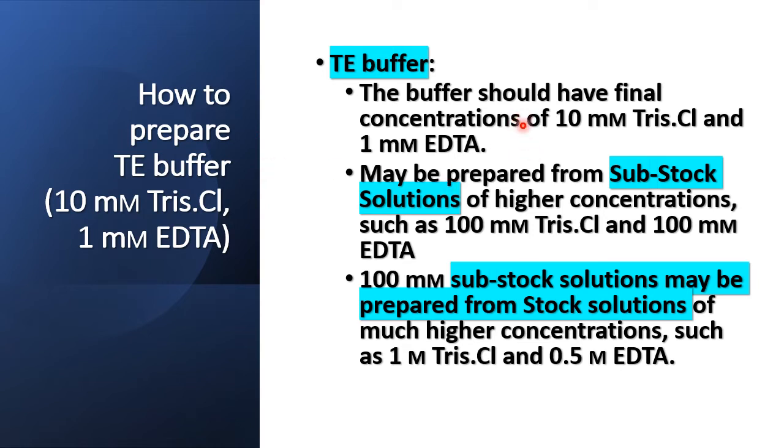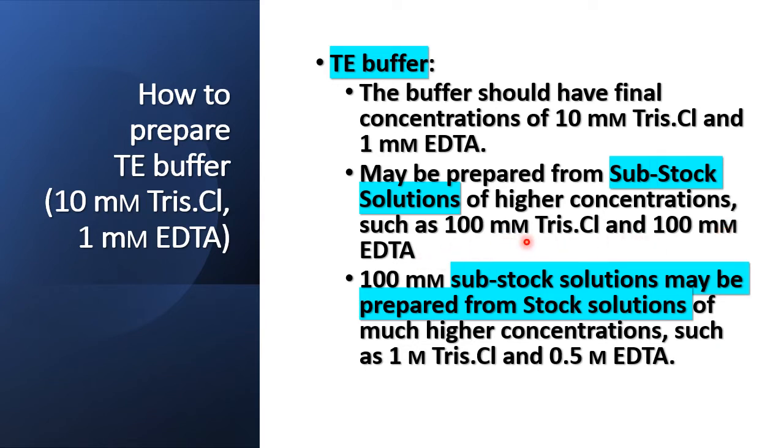So for example, you want to make a buffer of 10 millimolar Tris chloride and 1 millimolar EDTA. Because these are lower concentrations, you first make solutions of higher concentrations. We call those substock solutions, like 100 millimolar Tris chloride and 100 millimolar EDTA.